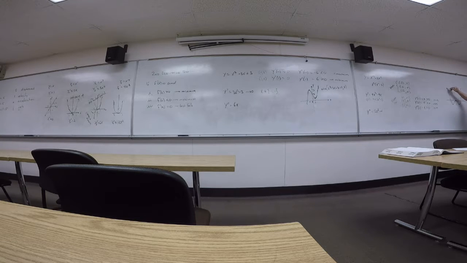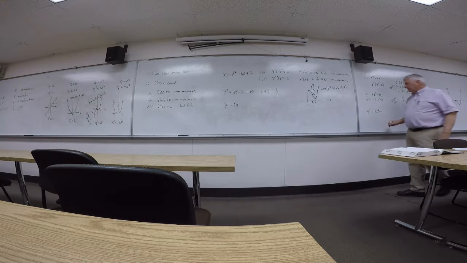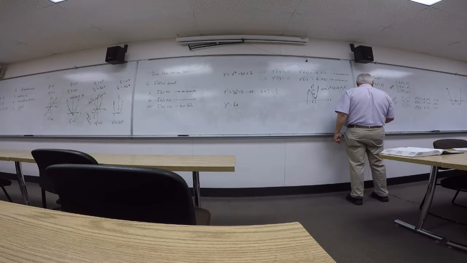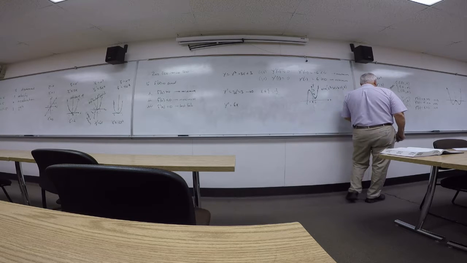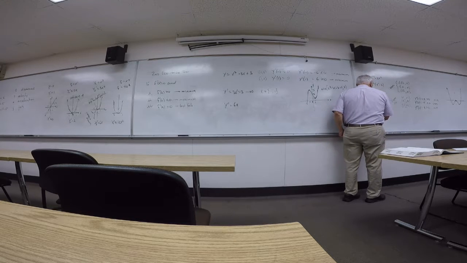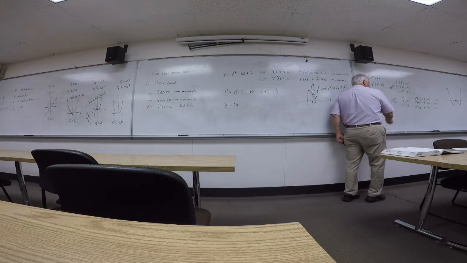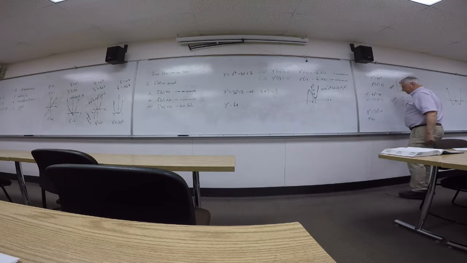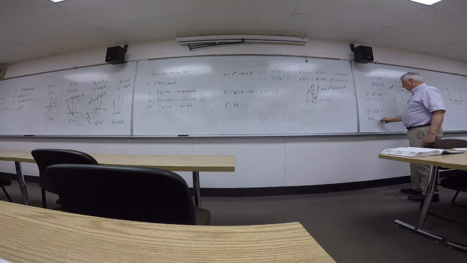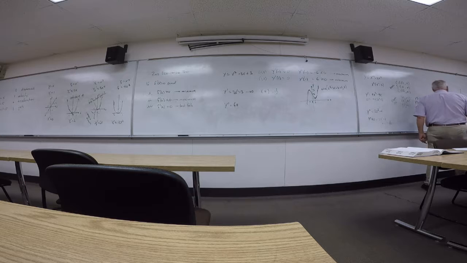Now we can go on and let's find a couple of points. If we set Y double prime equal to 0 and solve, we get 3x squared minus 1, which means x is plus or minus 1 over the square root of 3. And that's about 0.577.